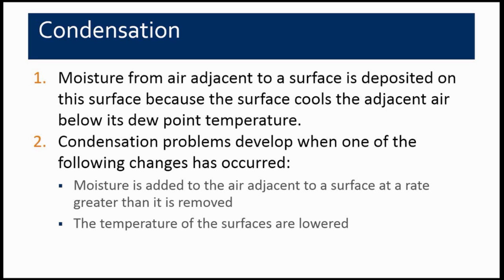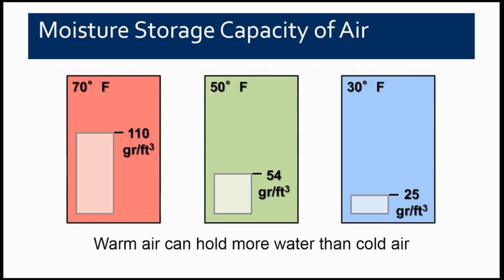The condensation problems will also change when something's changed in the system. Either moisture is added to the air adjacent to the system, or the temperature of the surface is lowered. The moisture storage capacity of the air changes with temperature.